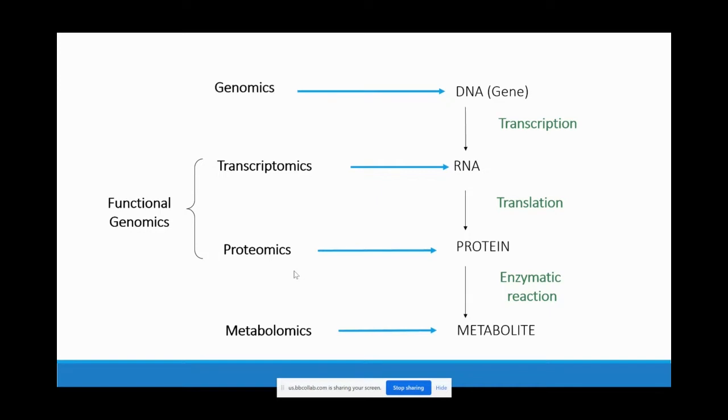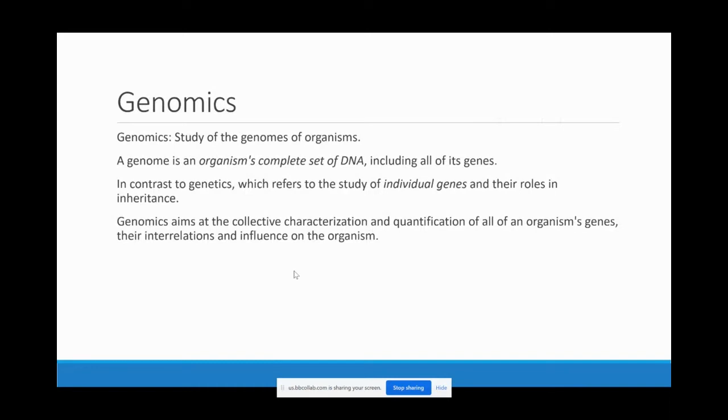So first, let's look at genomics. Again, genomics is the study of all the genome of an organism, and the genome is an organism's complete set of DNA. That's all of its genes. This is in contrast to something like genetics. If you ever hear the term genetics, this is where we're looking at the study of individual genes.